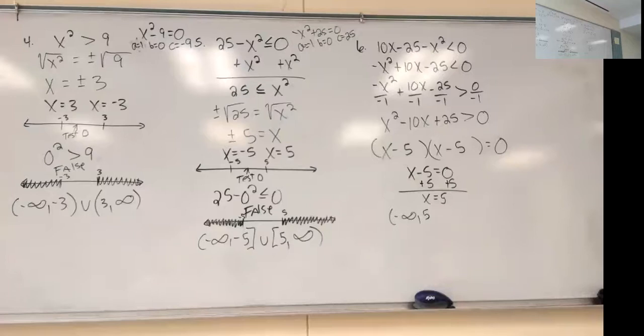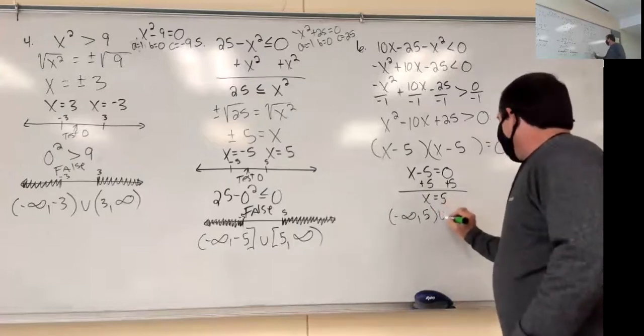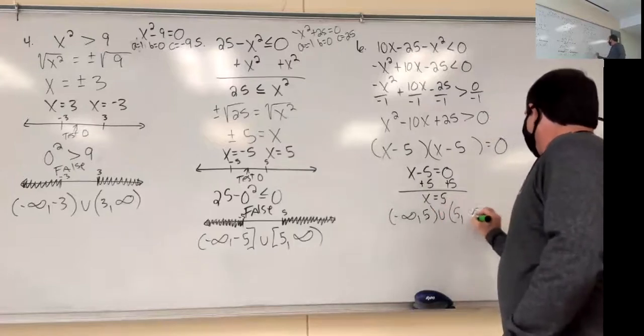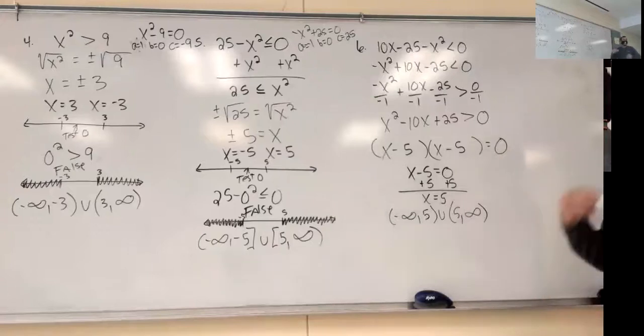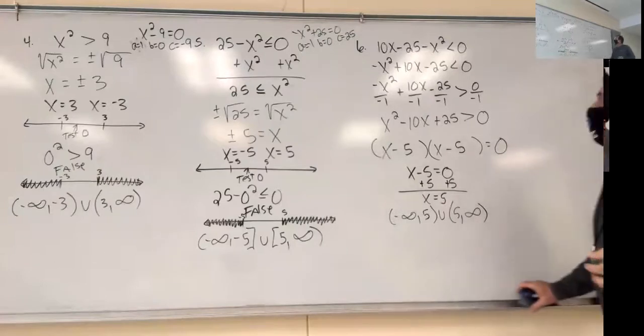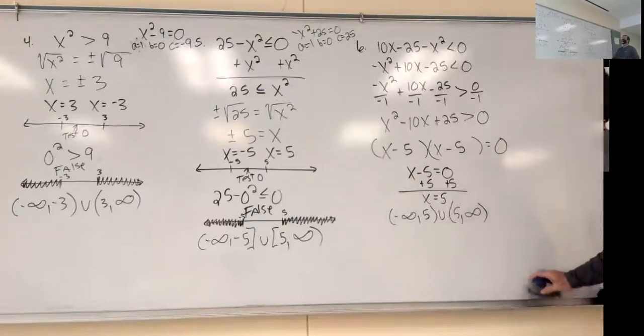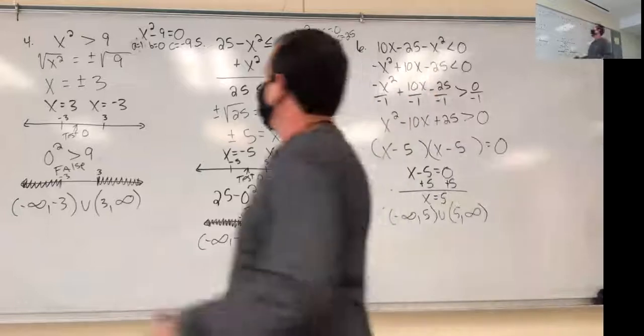Because then if we put brackets, then there would be no answers to exclude. Okay? So, curves and then from 5 to infinity. So that's the only number you're going to kick out of your domain at all. Everything else, when you put it in there, will make that true, okay?